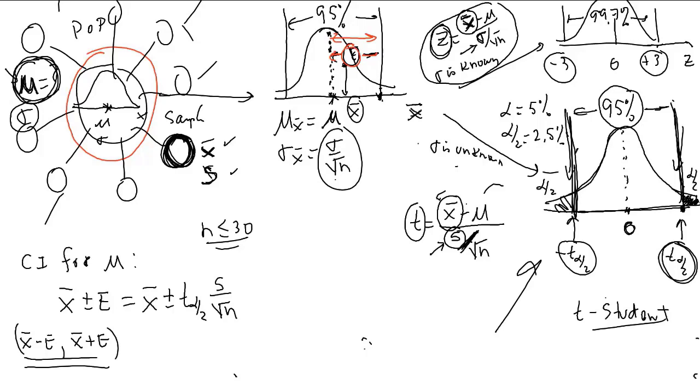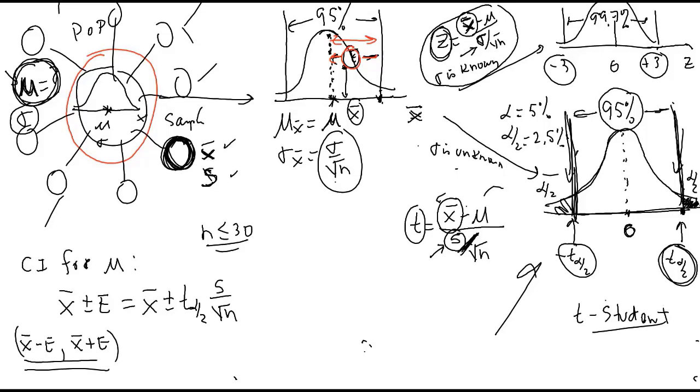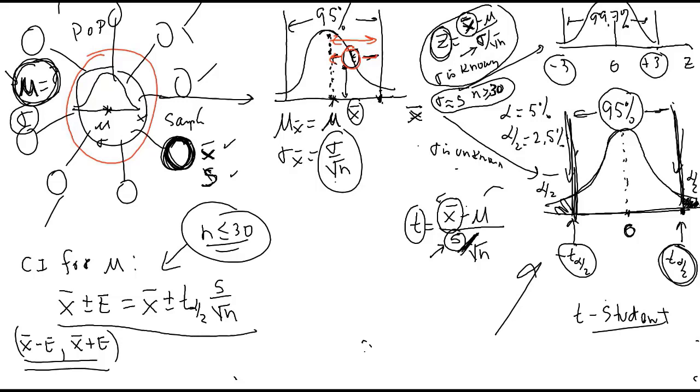When my sample size is bigger than 30, remember, we are going to use Z, the normal distribution, because we can approximate sigma with my sample standard deviation. That is when n is greater than 30. But when n is smaller than 30, we need this condition: my population should be normal and we are going to use the t-distribution. And we have to use this formula to obtain my confidence interval. That is basically the summary of this chapter.